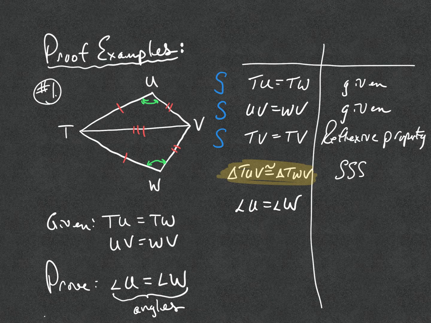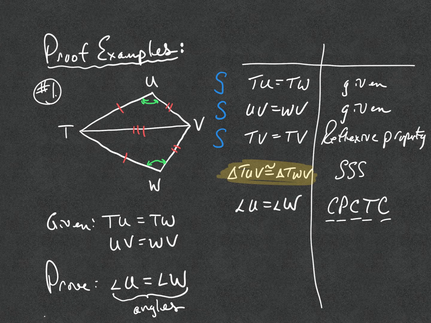And again, the reason is that those are corresponding parts, our abbreviation CPCTC, which stands for corresponding parts of congruent triangles are congruent. Or if you want to put an E for equal instead of the C at the end, that'd be fine. Okay? So we're done.